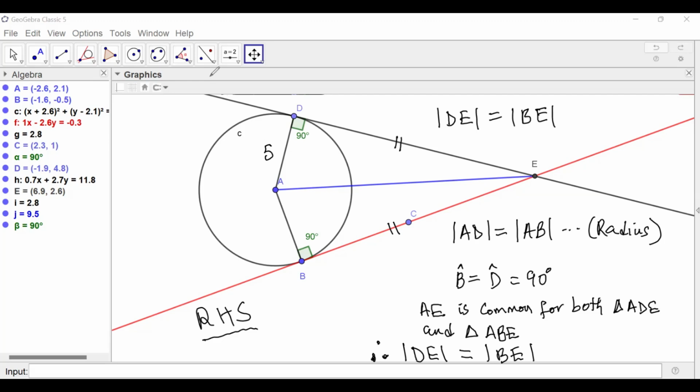Okay, let's demonstrate. Let's give this a value. Let's say the radius is 3 units and then the hypotenuse is 5 units.